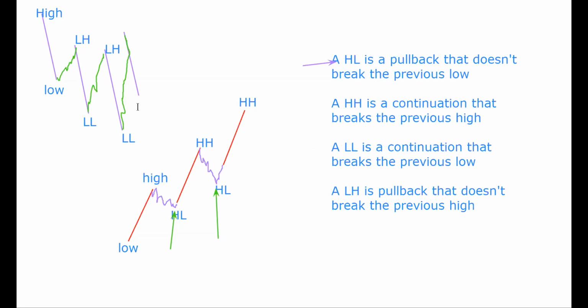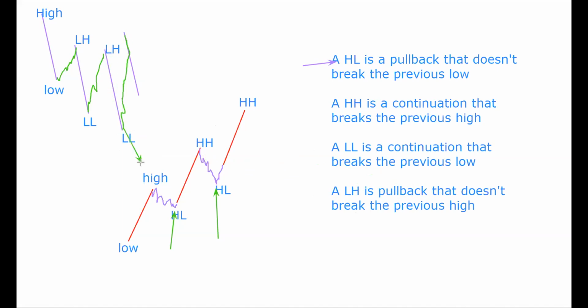And then what do we have next? This over here, it broke the previous lower high. Once the lower high is broken, it is no longer a lower high. Why is that? Because the lower high does not break the previous high. This is the previous high over here. This new push to the upside has broken it.